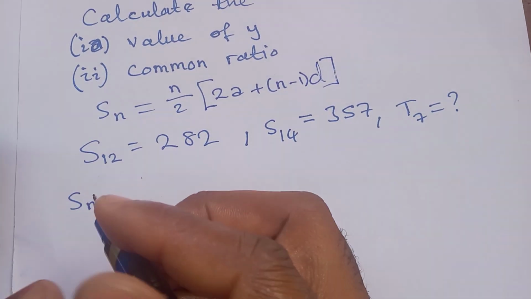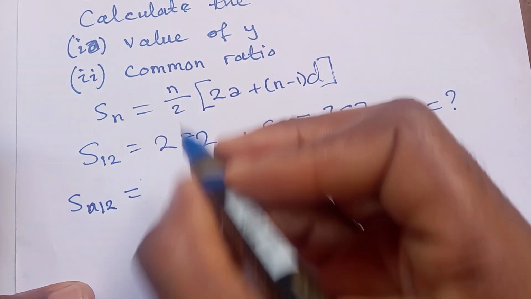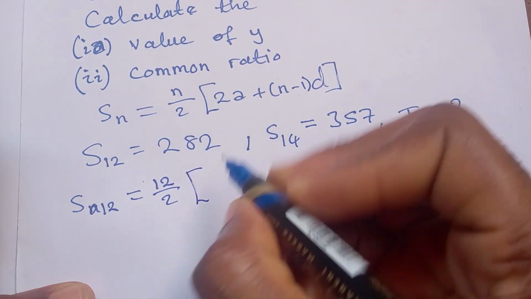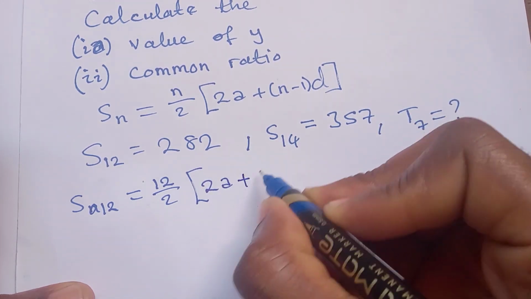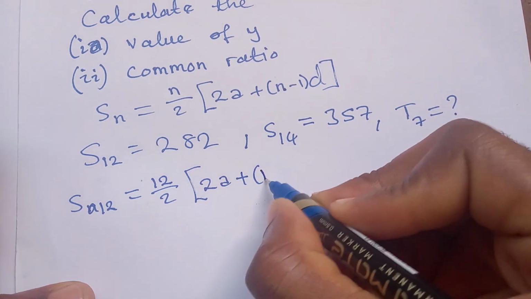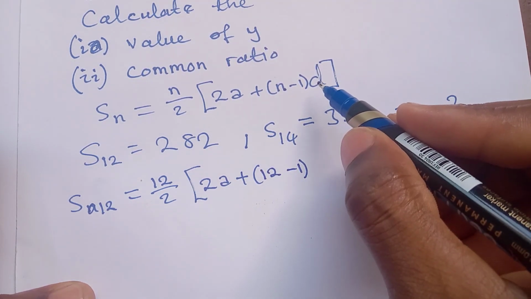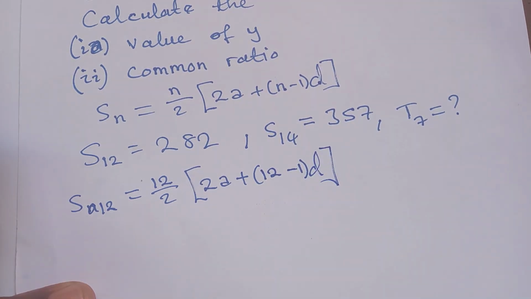So now the sum of the first 12 terms will be given by 12 over 2. A is unknown, so you write it as an a, but n is known. Remember, n is 12, so you can say 12 minus 1. D is unknown, so we write that.